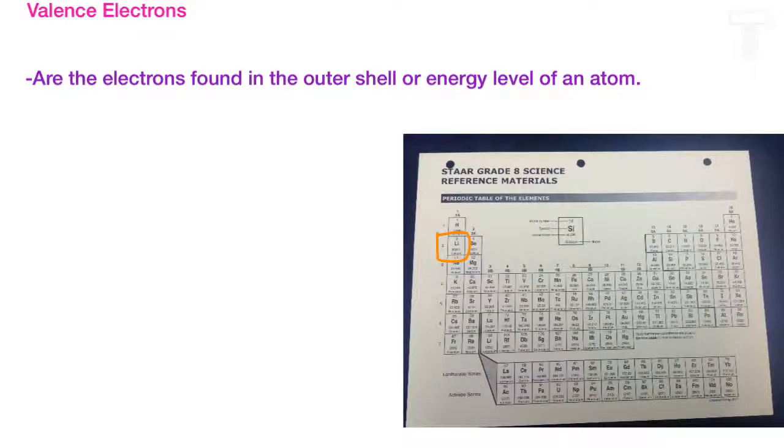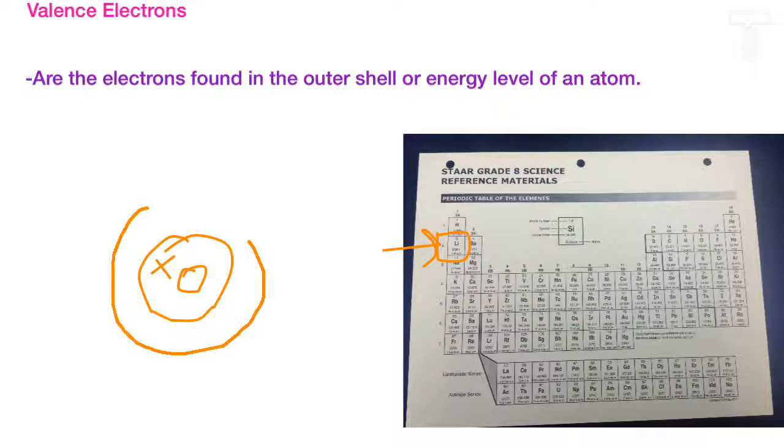We know that lithium has a nucleus, and in that nucleus you'll find positive protons and neutrons with no charge. And you'll have your electrons. Well, we found out when we talked about periods that since it's in period 2, it should have, that's right, 2 orbitals. So we'll draw 2 orbitals around the nucleus.